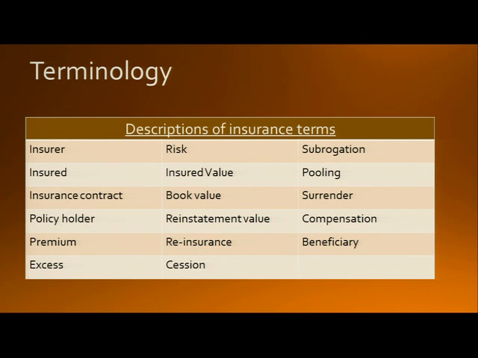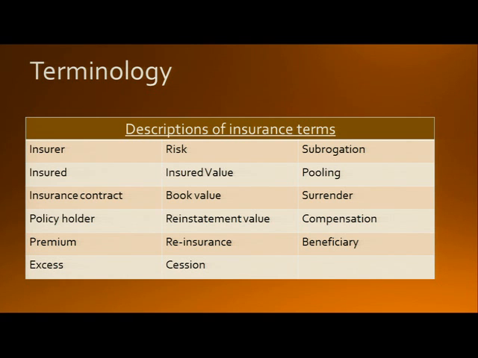Cession, this is a very interesting word. Cession is the right which the insured, that's us, has, according to the stipulations of the insurance contract, which may be transferred to another person by means of a written clause, for example, your spouse or a bank, for security purposes.